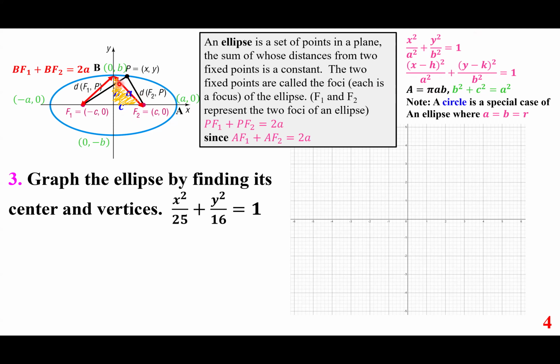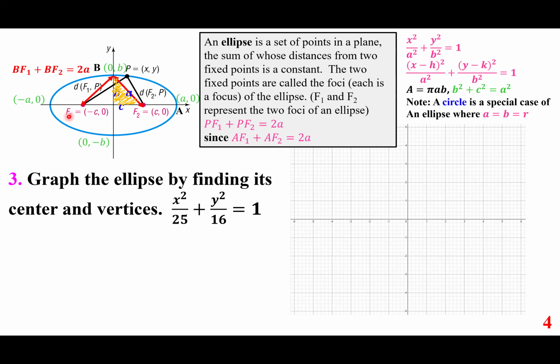So this distance is A. Remember that. From the center to the focus, you can see it's C. This is B, and this distance ends up being A. Note, a circle is a special case of an ellipse where A and B equal R. If this distance, which is B, and this distance, which is A, are identical, this changes to a circle.